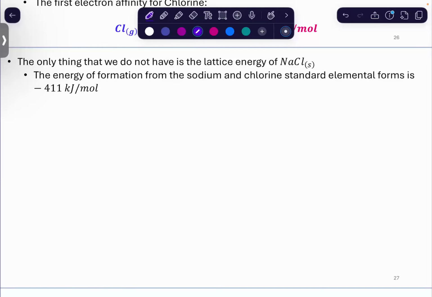So we could do this two different ways. Let's say we're given that the lattice energy equation that we need has to be our individual ions in their gaseous form forms our crystal.